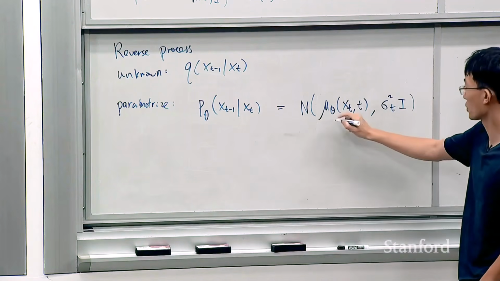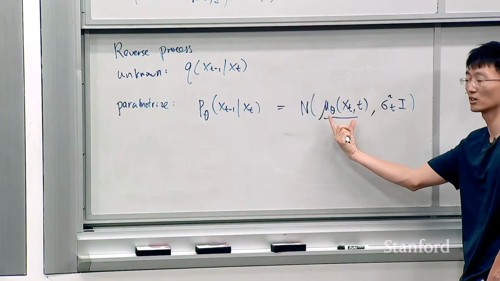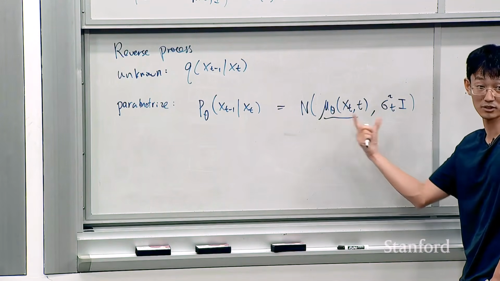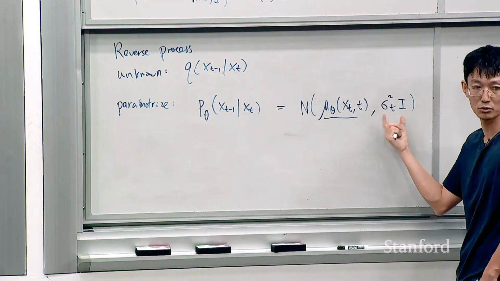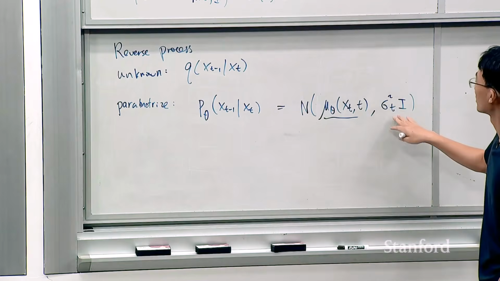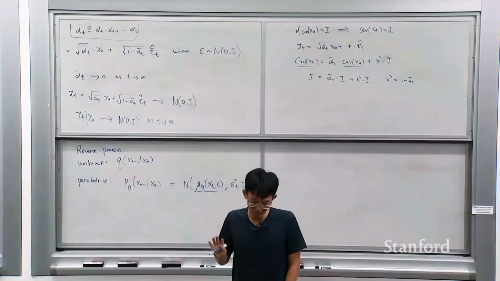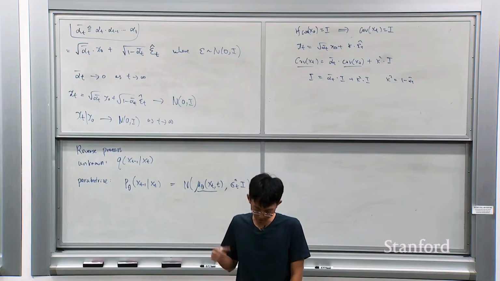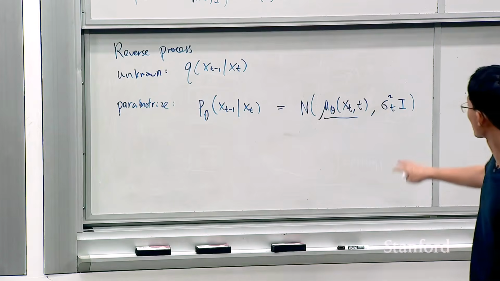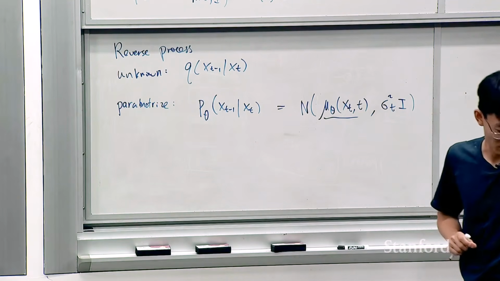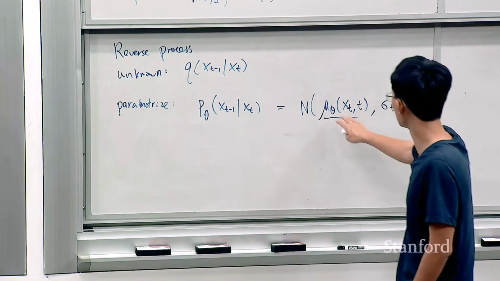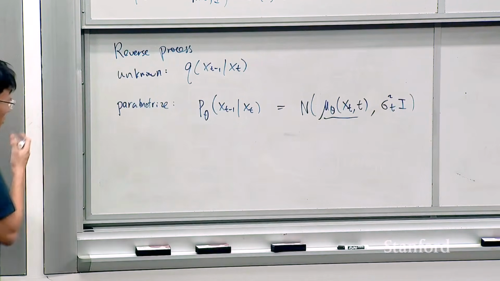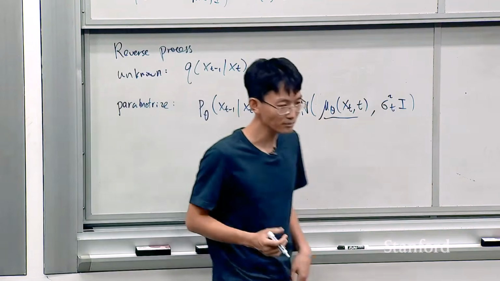So this is a network: given xt and t, you're going to predict not a scalar but a vector, because everything is a vector. Then you have a variable sigma_t, which is what you choose as the variance. I think you can even learn sigma_t, but for this lecture we just say sigma_t is chosen, and you'll see one reasonable choice for sigma_t. Sigma_t is not something you're going to learn; theta is what you're going to learn. This mu_theta is a neural network, so we need to design a loss function to learn it.